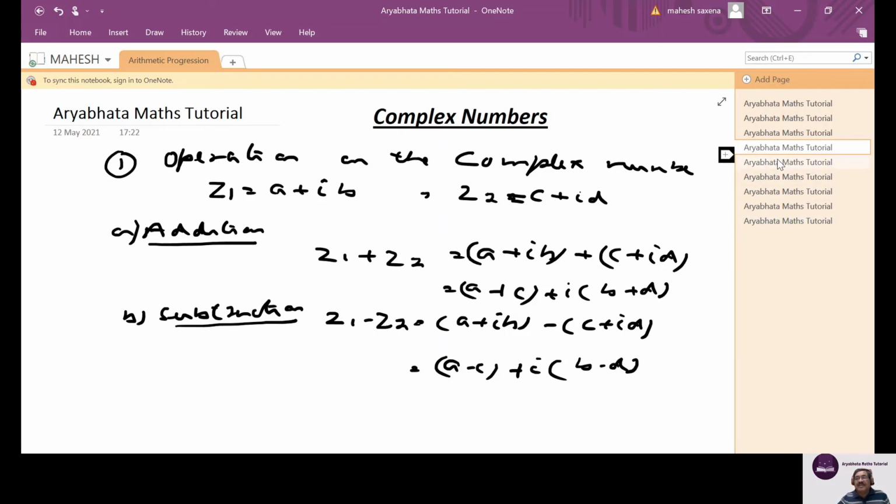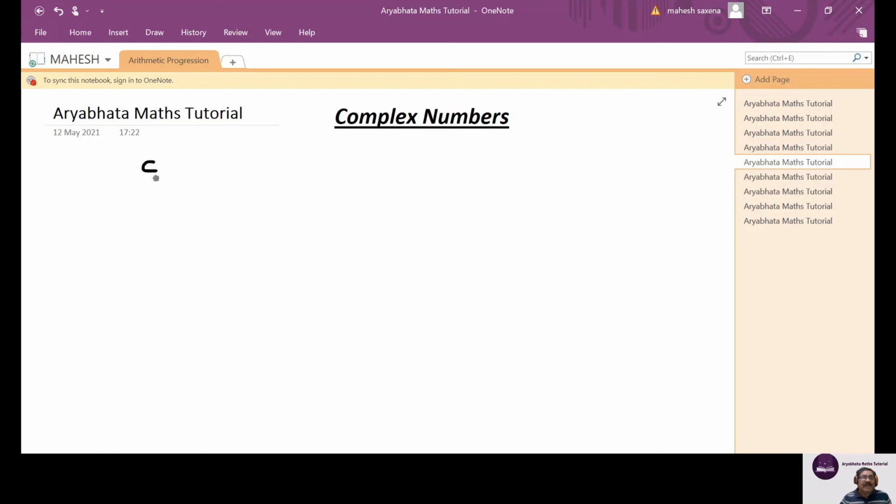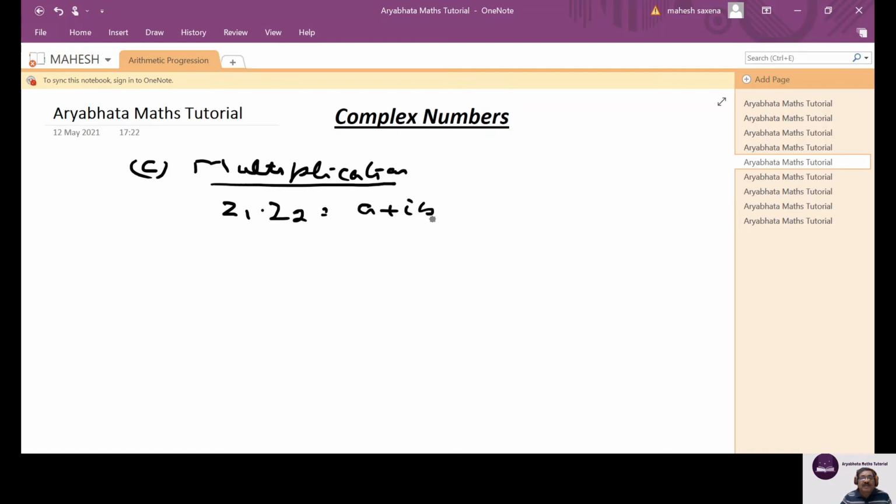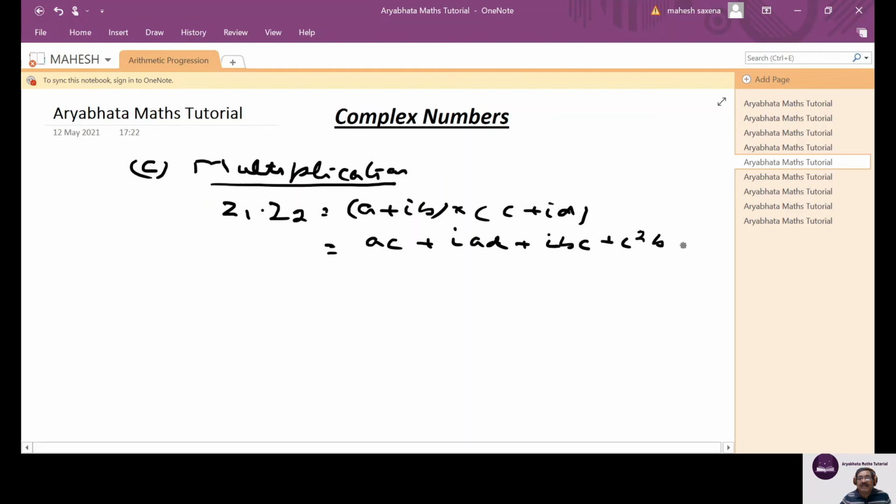Third operation is multiplication. Z1 into Z2 is equal to a plus ib into c plus id. When we multiply it by a, it will be ac plus iad plus ibc plus i square bd.